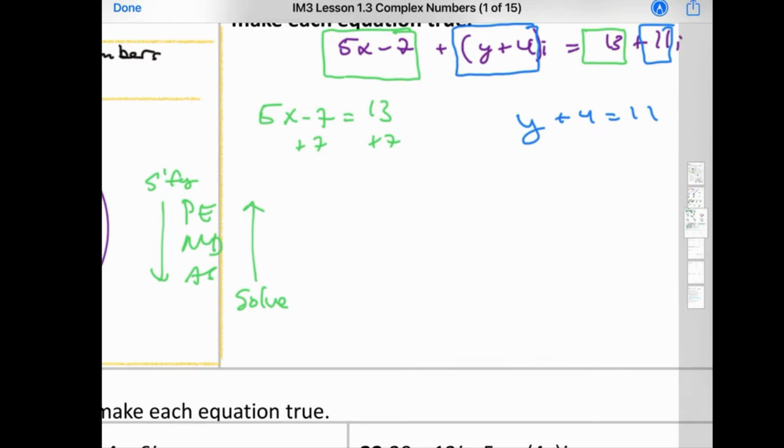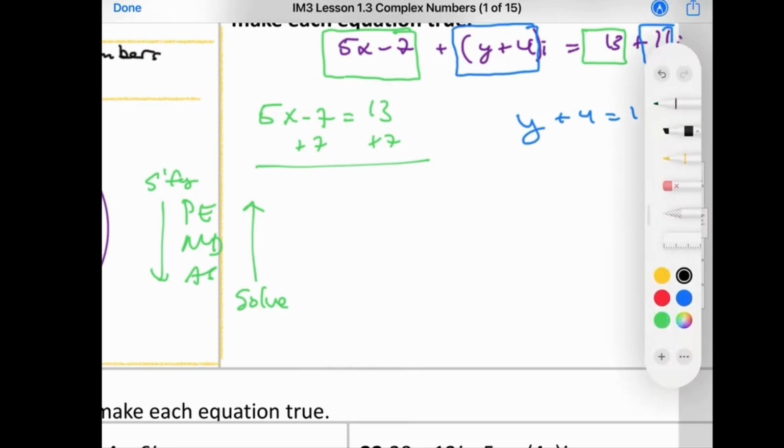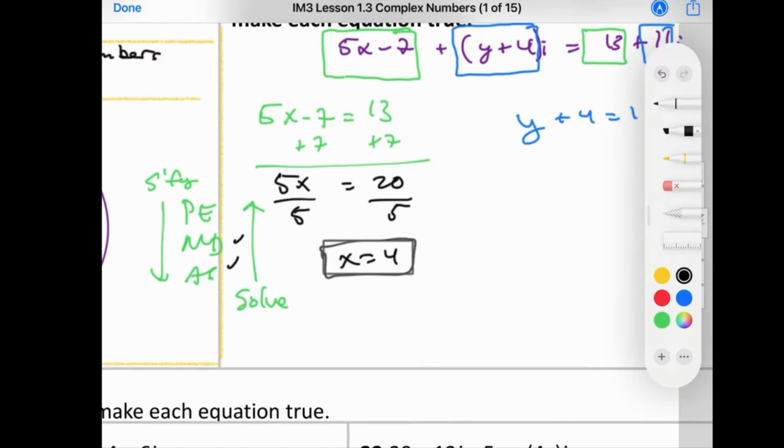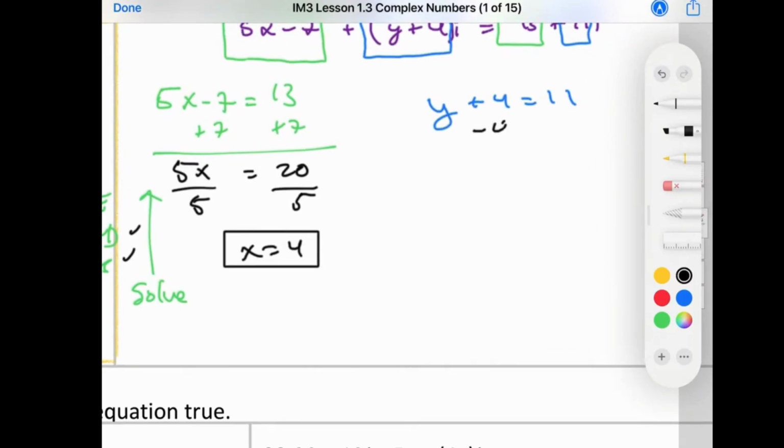So that's why I'm doing adding and subtracting first. So 5x equals 20, and then you just do division and multiplication. If I divide by 5, x equals 4. Over here, do the same thing, just subtract 4, and we're going to get y equals 7.